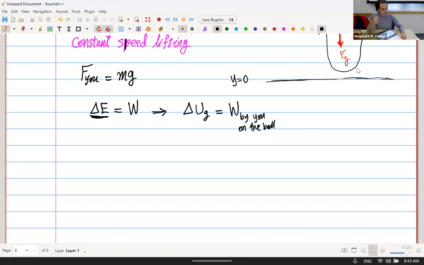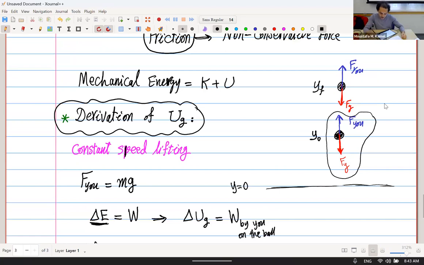So from the definition of work, we know that work done is equal to the force times distance times the cosine of the angle. And here, the force you exert is in the same direction as the displacement, right? So cosine of the angle is cosine of 0, so it's just 1.